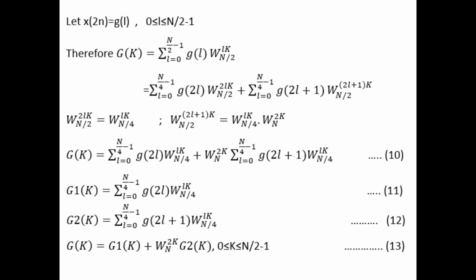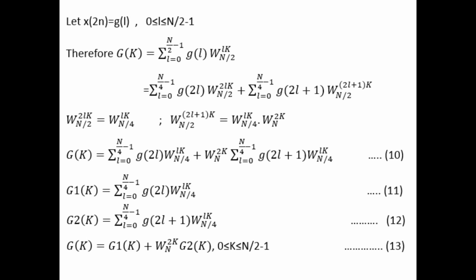We know that omega N by 2 of 2lk, we can write it as omega N by 4 of lk, and omega N by 2 of (2l plus 1) into k is equal to omega N by 4 of lk into omega N of 2k.